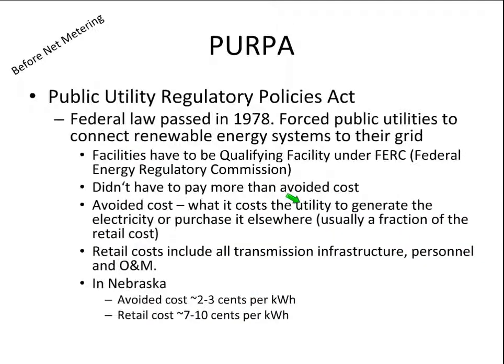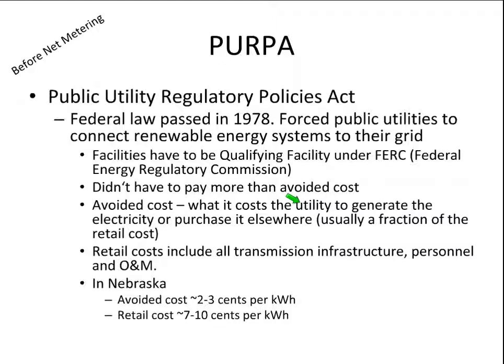Some people have told me at different times, well, my local utility won't buy the power from my turbine. Well, the reality is that's not true. Nationwide, there are some federal policies like the Public Utility Regulatory Policies Act and others that say that they have to purchase that power from you if certain requirements are met.